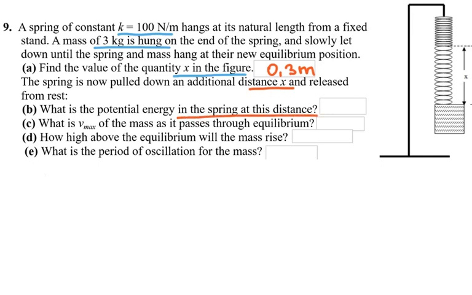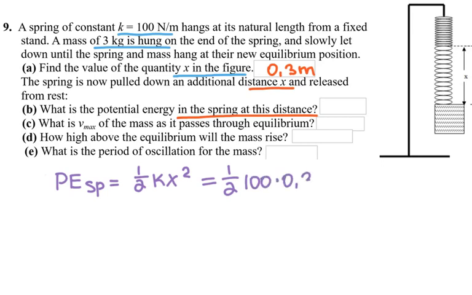So the potential energy of the spring is equal to 1/2 kx squared, and x in this case, from the equilibrium where it was, is 0.3. So 1/2, k is 100, and x is 0.3 squared. So that will give me 4.5 joules.